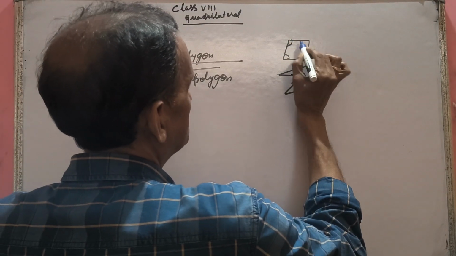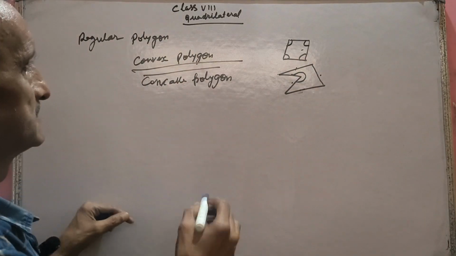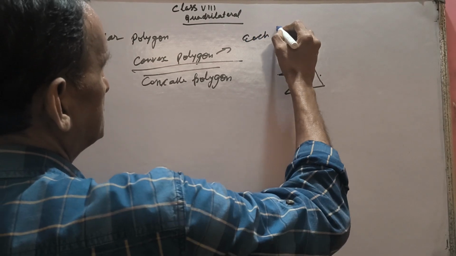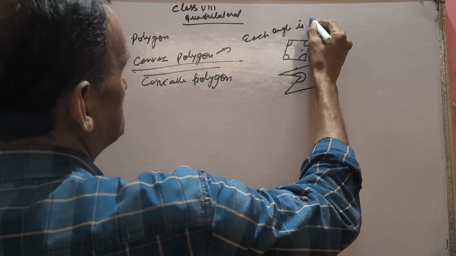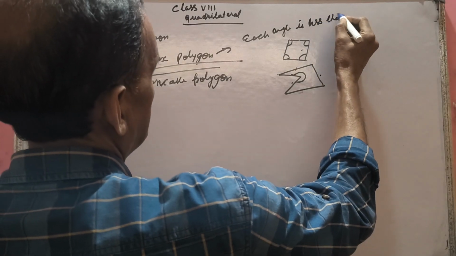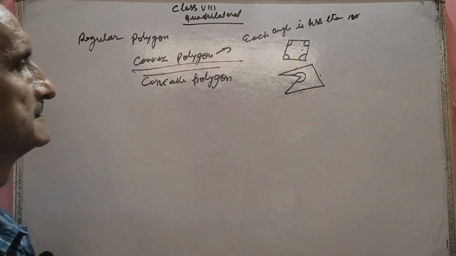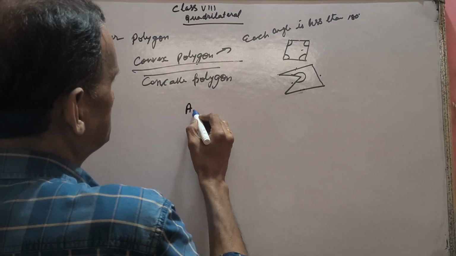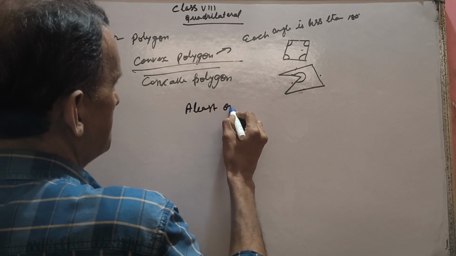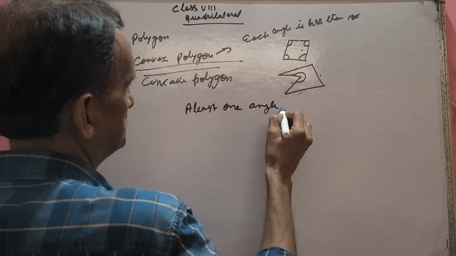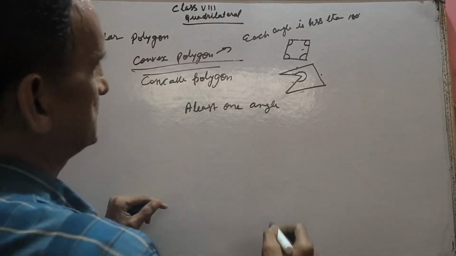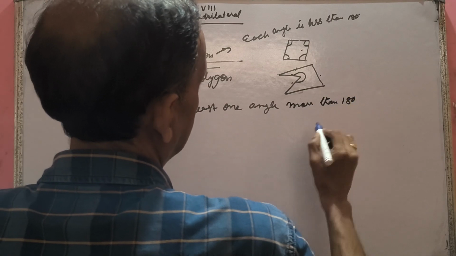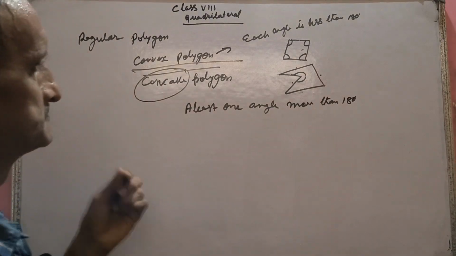And all the other angles are less than 180 degrees. The polygon in which each angle is less than 180 degrees is called a convex polygon, and the polygon in which at least one angle is more than 180 degrees is called a concave polygon.